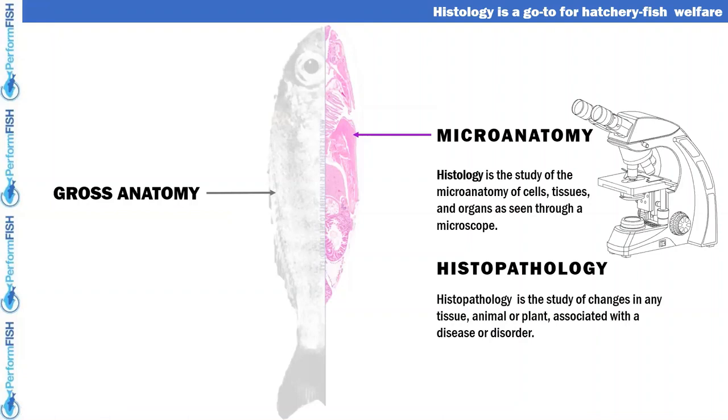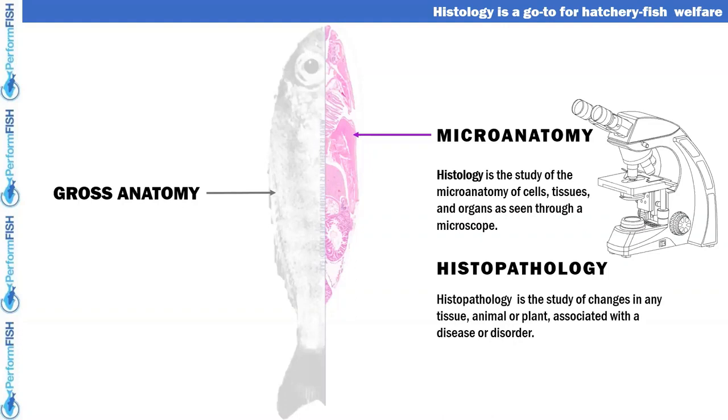The histopathology, instead, is a branch of anatomopathology that studies the changes in the tissue, in cell and organs as a result of disease processes or insults, applying histological methods, of course.